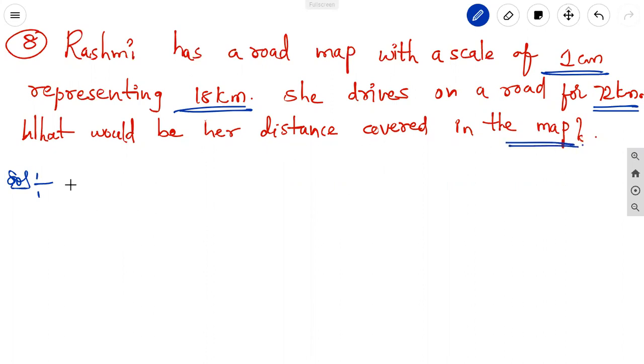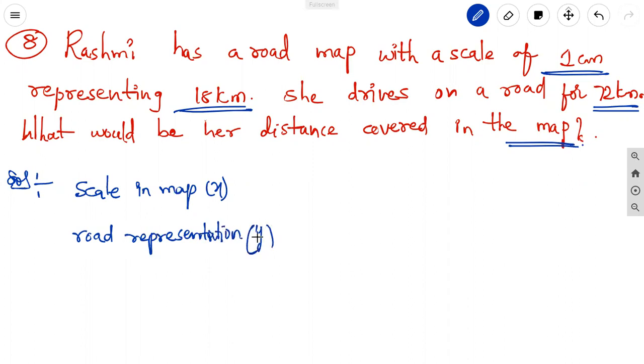Okay, here from the data, scale in a map, that is X variable, and real road representation, that is Y variable.